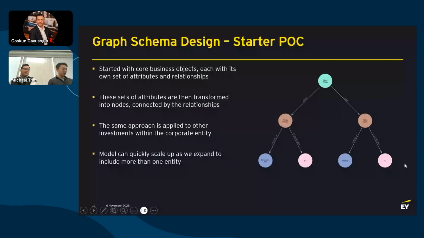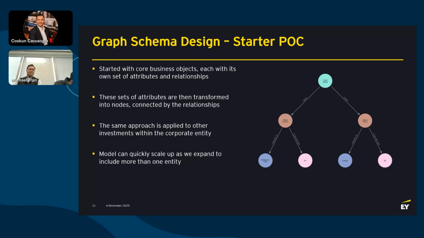I just want to dig a little bit deeper into how we actually start a POC. It's a very simplified example. We find a fund, we call it Alpha Fund, and we start traversing all the tables inside Snowflake. We found that the fund has 2 investments.